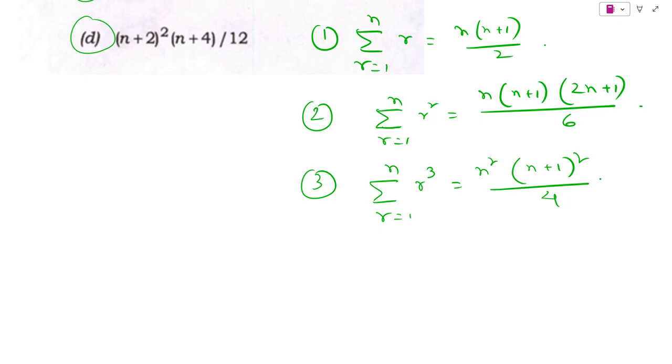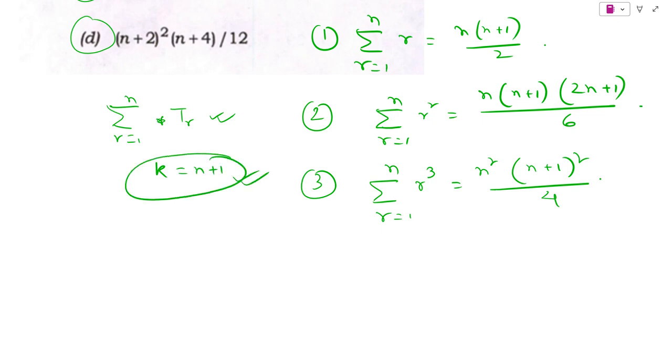Okay. Now let's compute the total sum, that is summation r equal to 1 to n TR. To make the algebra cleaner, let's define a constant substitution. Let k equal to n plus 1. Alright.